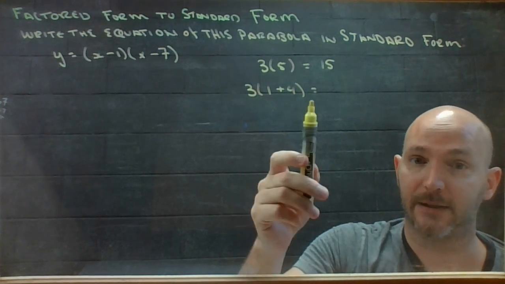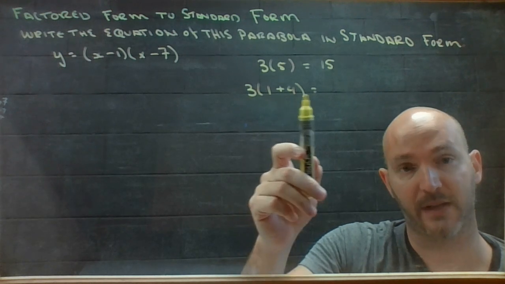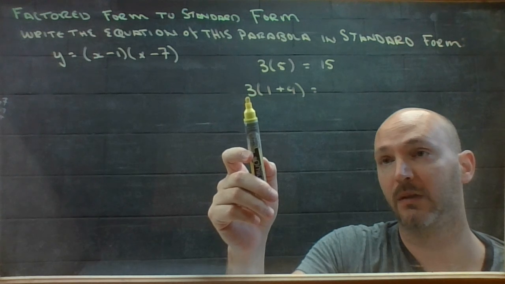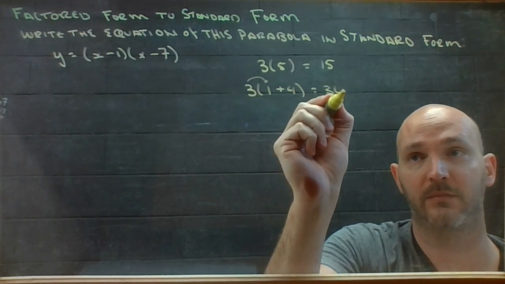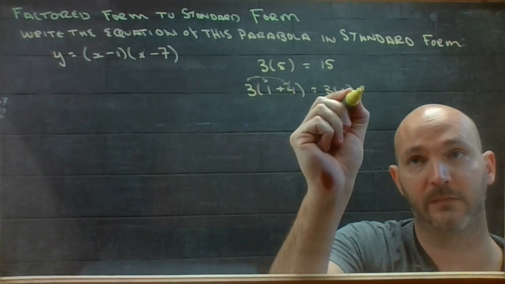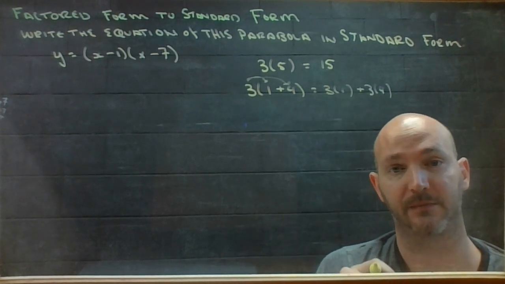What that's saying is that everything in this bracket that's separated by a plus or a minus, everything in there has to get tripled. So this 3 has to act on the 1, and it has to act on the 4, leaving that plus sign in the middle.